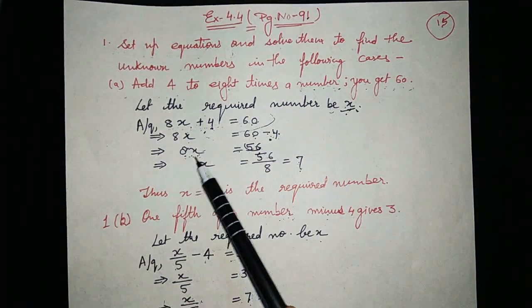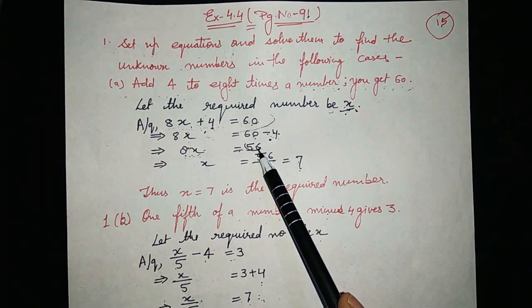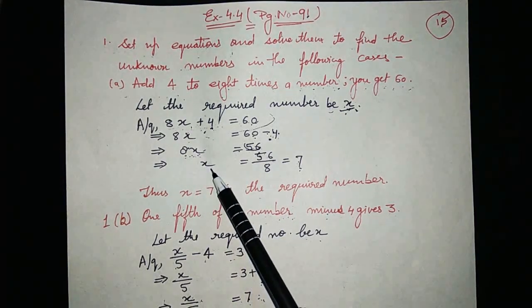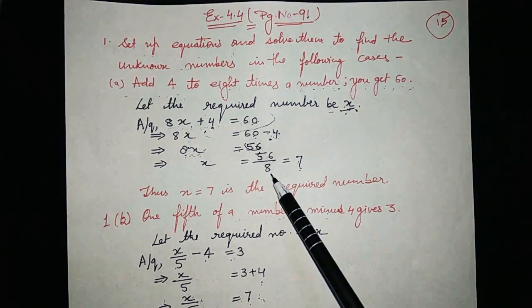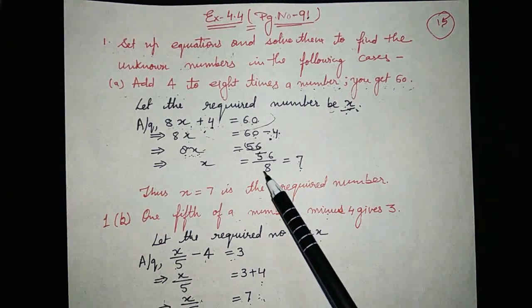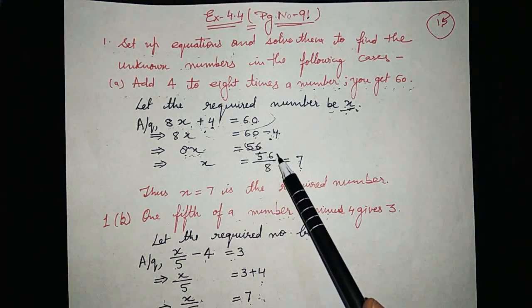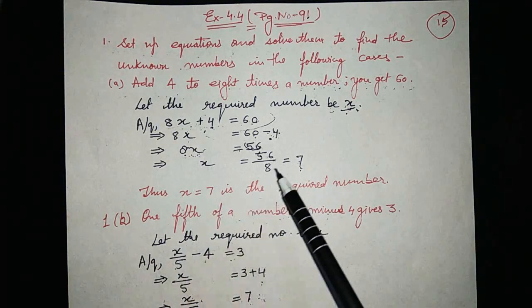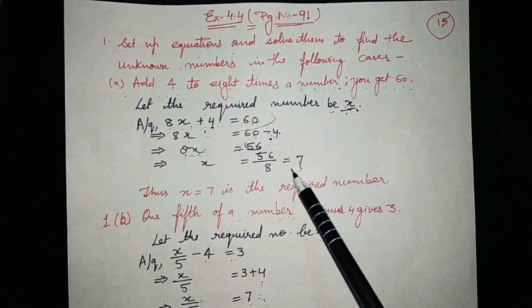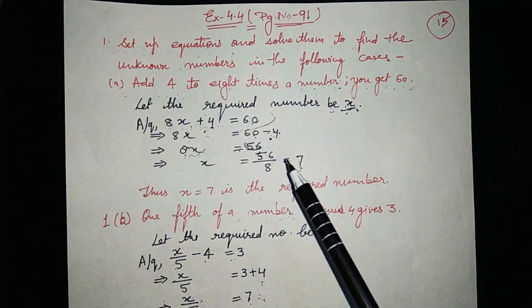And if we divide both the sides by 8, here what will come? Only x will come. And on the right hand side, 56 divided by 8 will come. And if you divide 56 by 8, you will get 7. Thus, x is equals to 7 is the required unknown number.